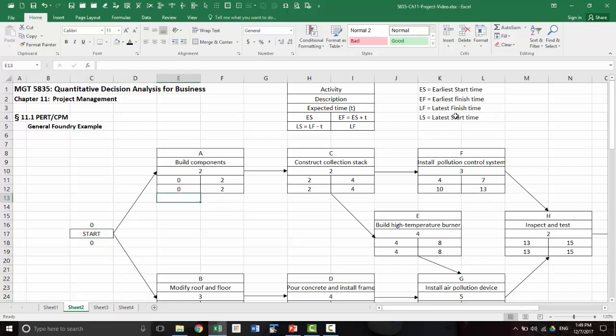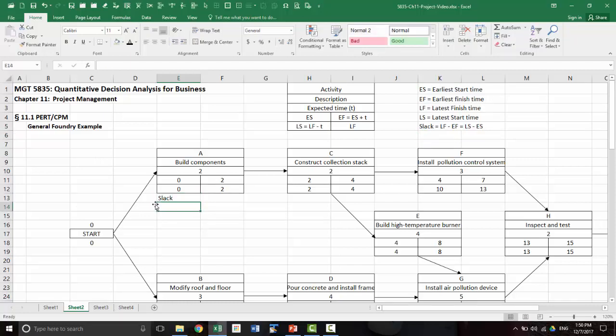Activity slack is defined by the difference: it can be latest finish time minus earliest finish time, or latest start time minus earliest start time. They both must be the same. So we can compute the slack.